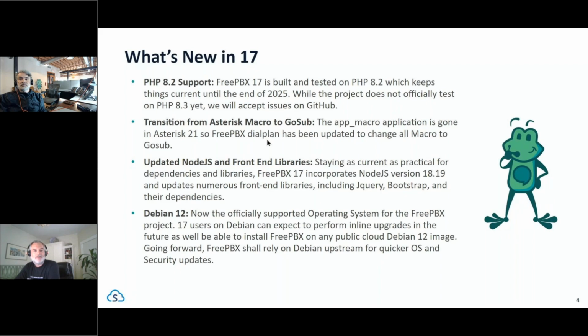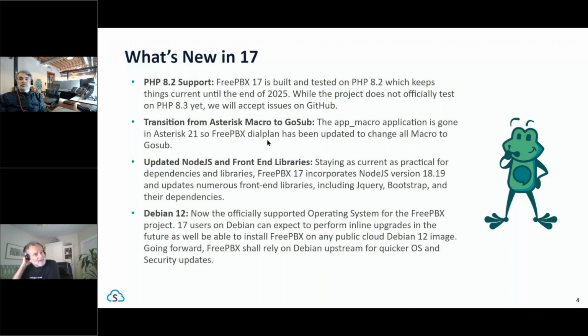I want to just quickly go through what is new and exciting in 17. First and foremost, FreePBX 17 is currently compliant with PHP 8.2. This is a big one. There was a push to version 7 back on FreePBX 16, which was also a major undertaking. The next major increment of PHP is now version 8, and 8.2 is essentially finished.